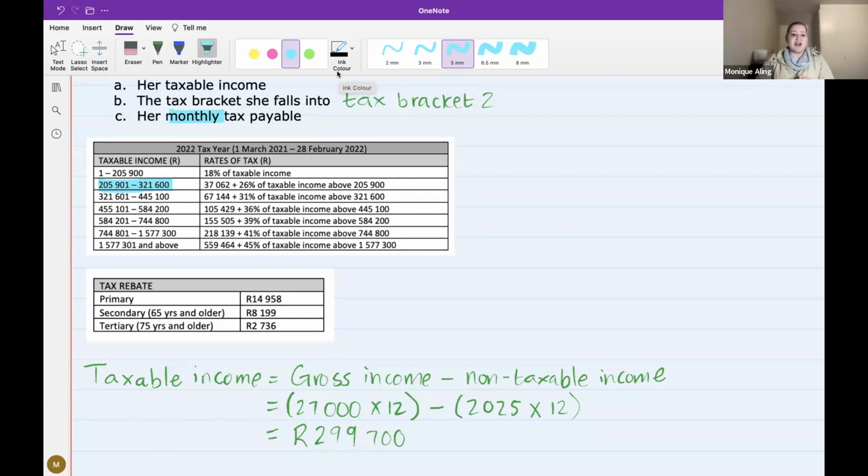As soon as you have calculated the monthly tax payable, let us see it or hear it.